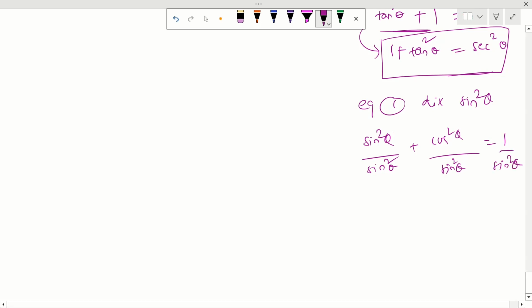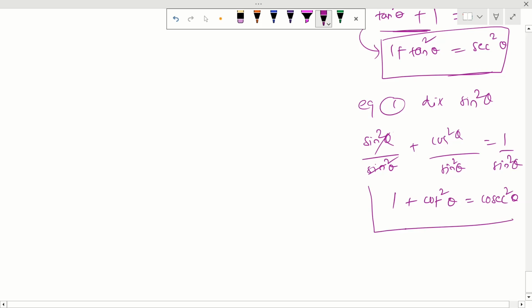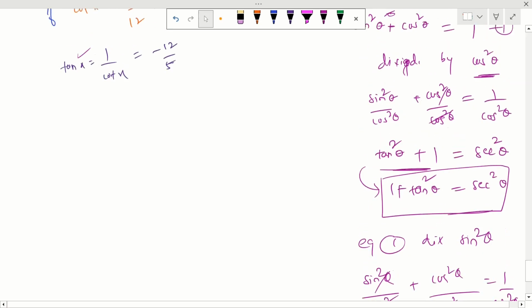So sin gets cancelled. It is 1, and cos divided by sin is what? Cot square theta, and 1 by sin is cosecant square theta. So this is also another formula. 1 plus tan square theta is secant square theta, and 1 plus cot square theta is cosecant square theta.